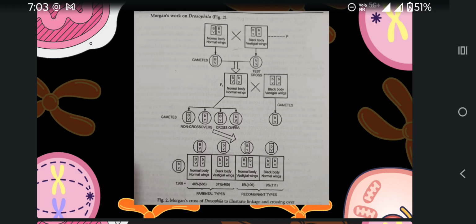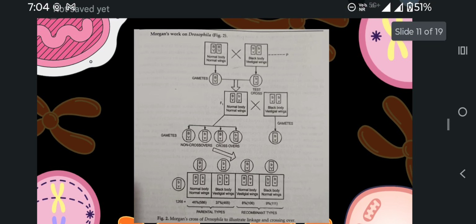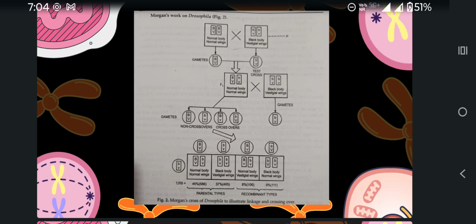So normal body, normal wings means parental kind; black body, normal wings means new combinations; normal body and vestigial wings means new combinations, and black body and vestigial wings are parental types. Parental types are 48% and 37%, and new combinations are 8% or 9%.